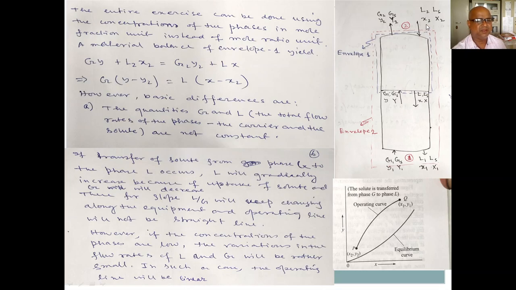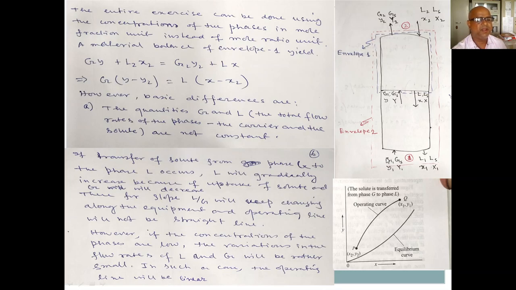What is the advantage that we get? One thing we have seen: when we consider the solid free basis Gs and capital Y1, that is mole ratio, then my slope between, let's take this point P and Q, is a straight line, there is no change. But now see what will happen if I take the flow rate G.